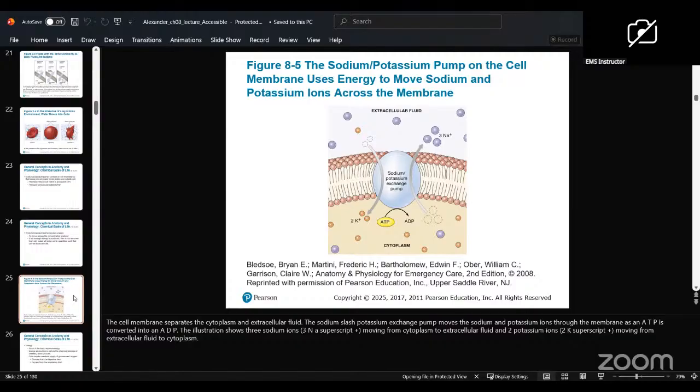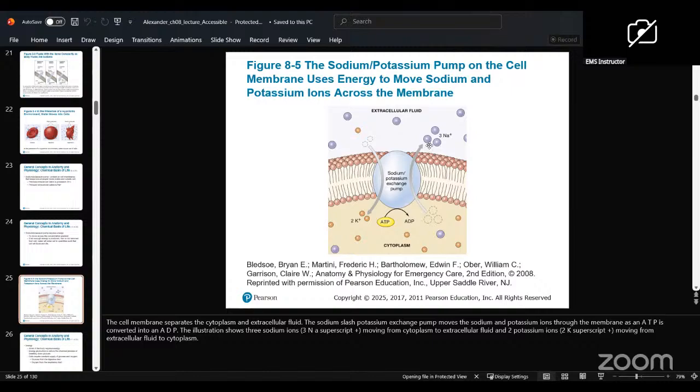So we're pushing the sodium out, we're bringing the potassium in, and our energy is cycling through, making sure that we're bringing 2 potassium in, pushing 3 sodium out, and keeping the proper amount of fluid in and out of the cell. The last thing we want to do is bring all that extracellular fluid into the cell, causing it to burst and die.